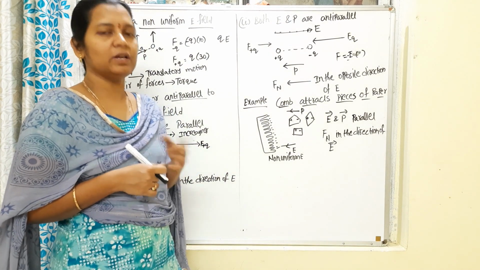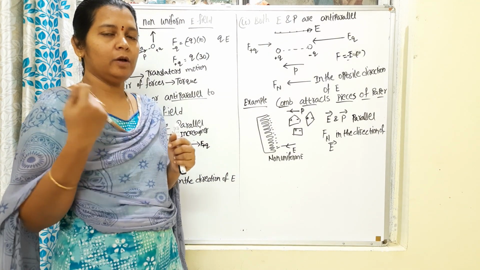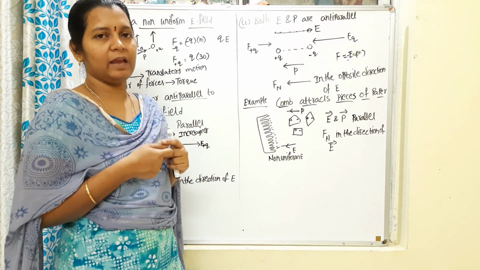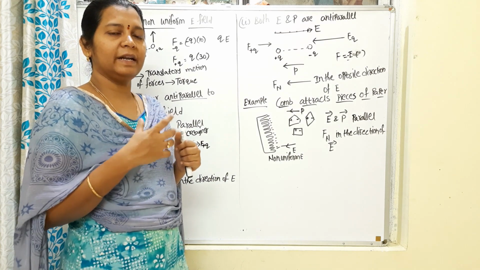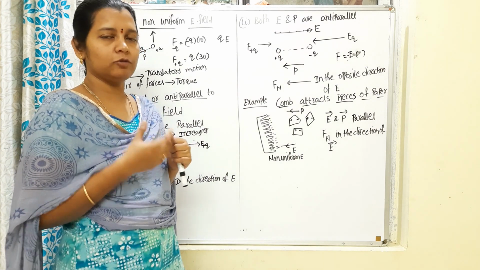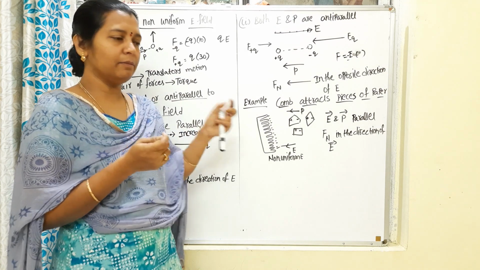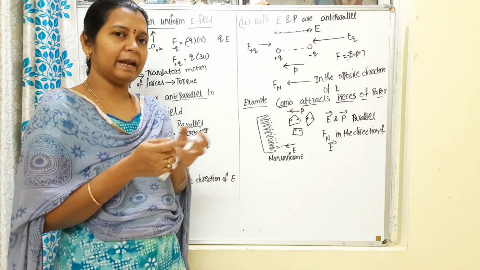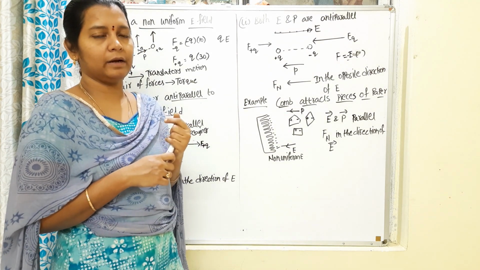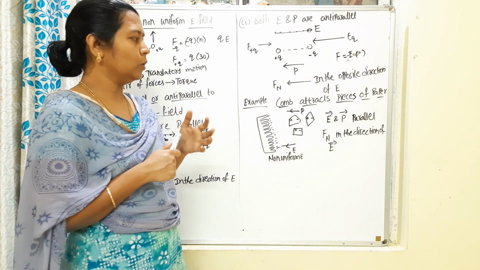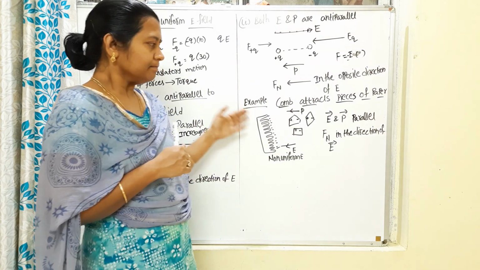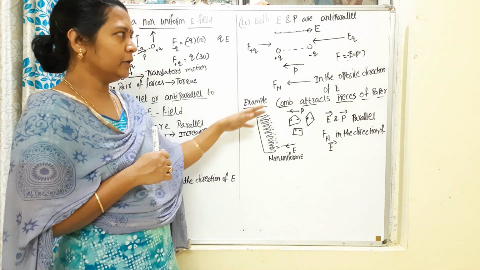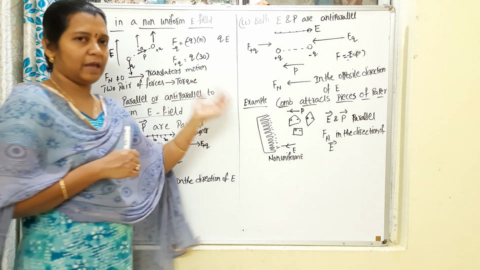In the starting of the chapter, we said that if you comb your dry hair, the comb gets a negative charge, and if you bring small pieces of paper, they get attracted by the comb. Here, that example we are going to discuss with the dipole concept.